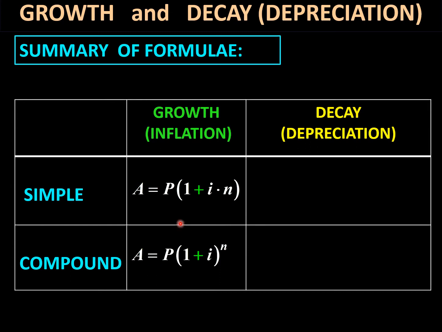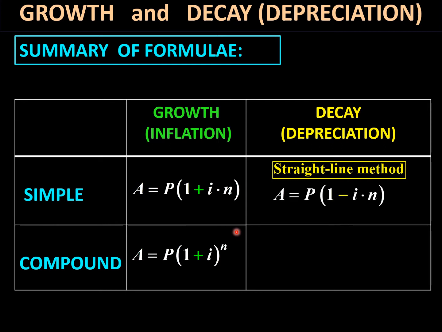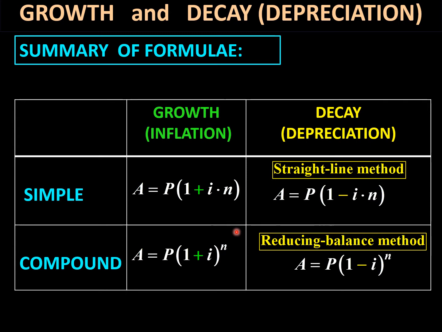This is what we use if we talk about inflation. Then decay: we'll have the simple decay, which is also known as the straight line method. That's the formula we use. And then for compound decay, which is also known as the reducing balance method, that's the formula we use. Please note that inflation here applies to the compound, not to the simple.